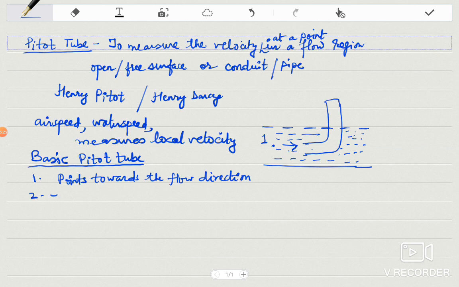Number 2, it has no outlet. You see, it is closed from here, or you can say that no fluid may come out through this portion of the Pitot tube. We say that there is no outlet in the Pitot tube, no outlet to allow flow to continue.